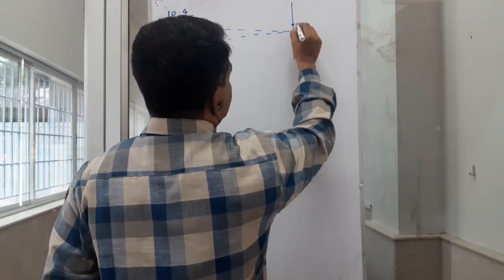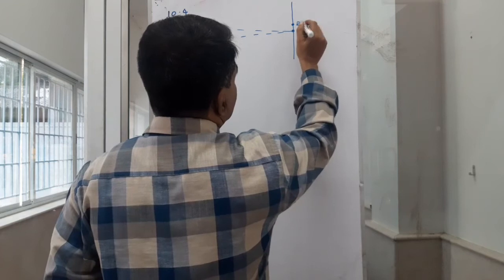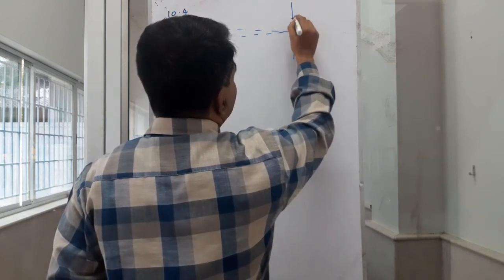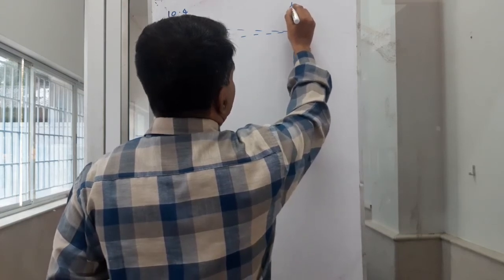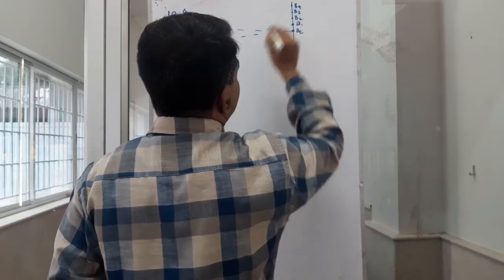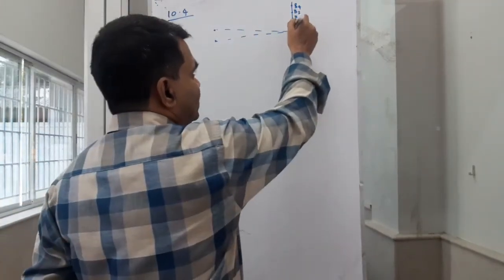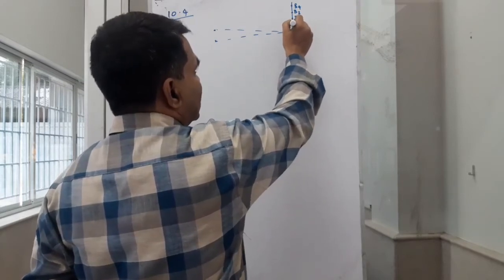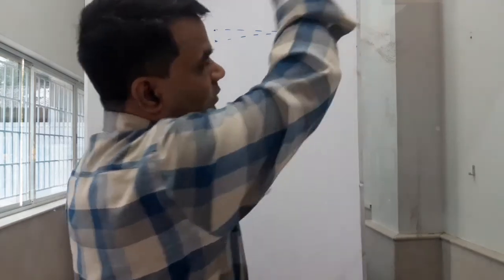This is BC, the central bright spot, and then B1. After some distance, you will have a bright spot again, B2, and then B3, maybe here, and B4. Between these bright spots, you will have dark spots. So bright, dark, bright, dark, and so on.